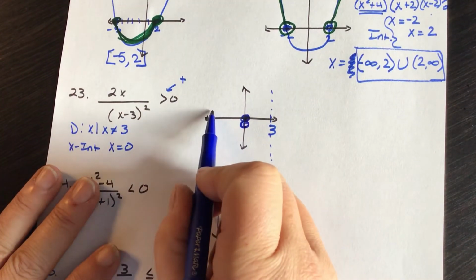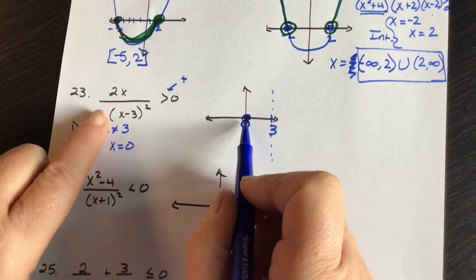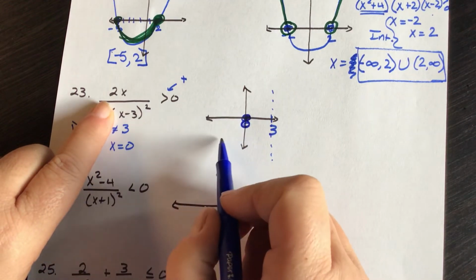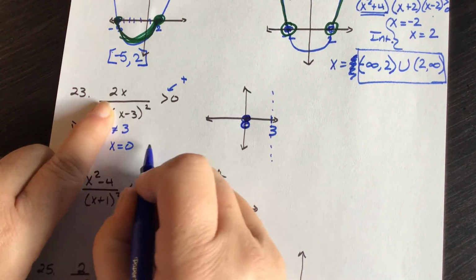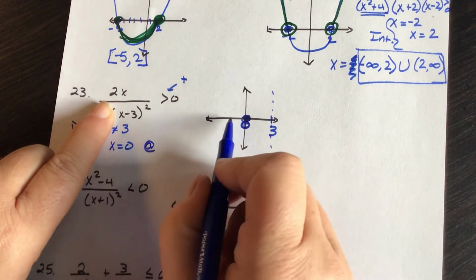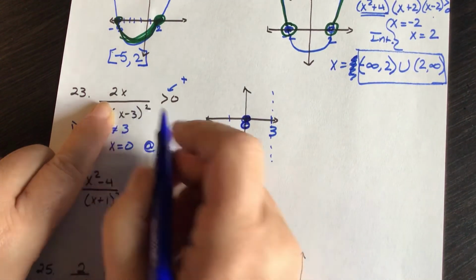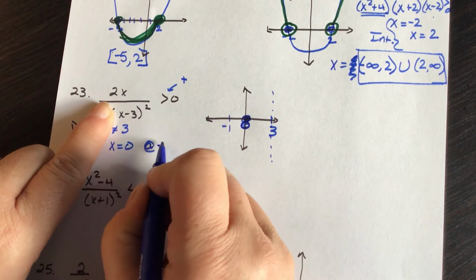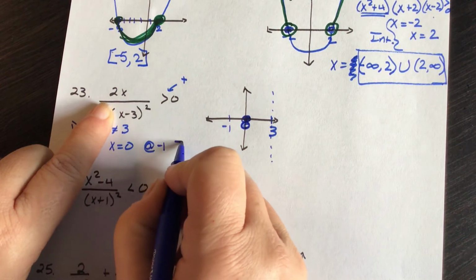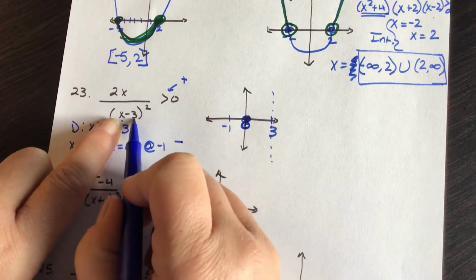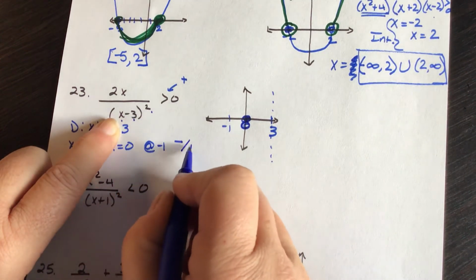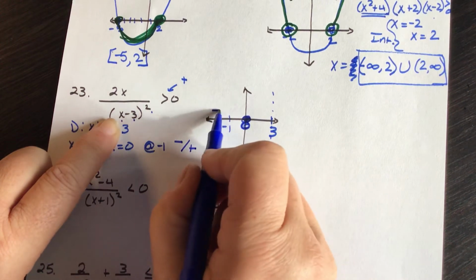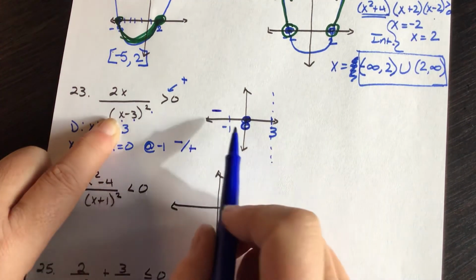So to the left of 0, I need to find out whether that would be positive or negative. So 2 times 0, let's do -1. 2 times -1 is negative. -1 minus 3 doesn't matter what it is because when I square it, I get a positive. So this area is negative.